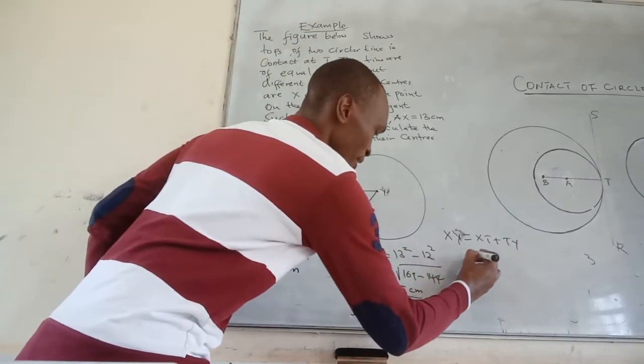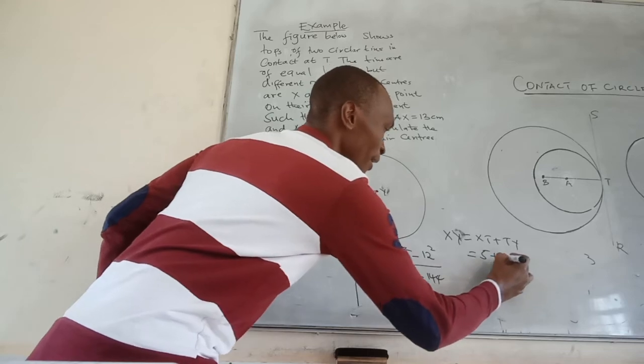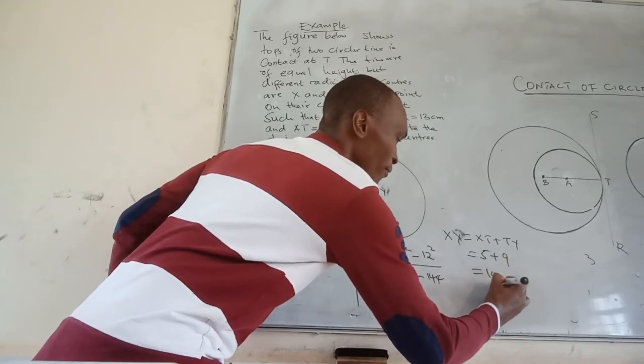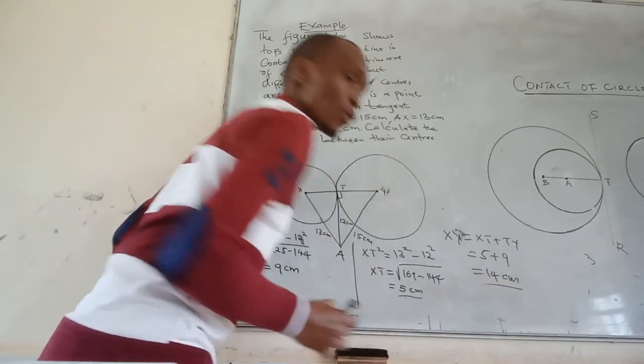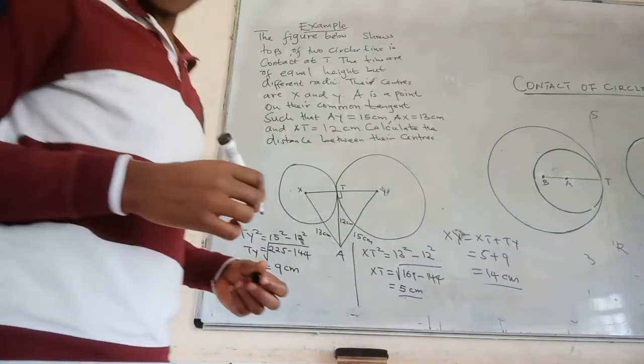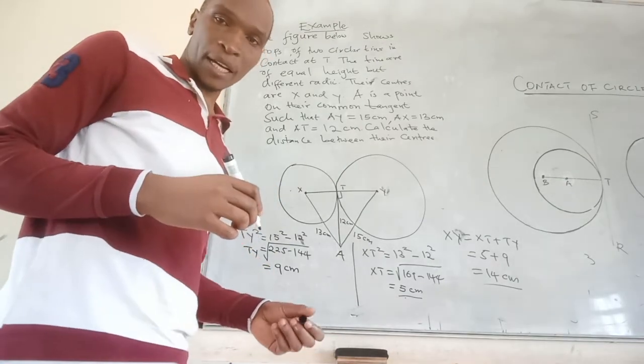So XT is equal to 5, then we add 9, and we get 14 centimeters. So the two centers are 14 centimeters apart.